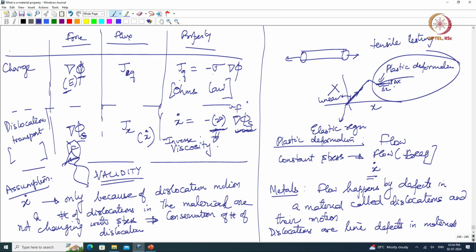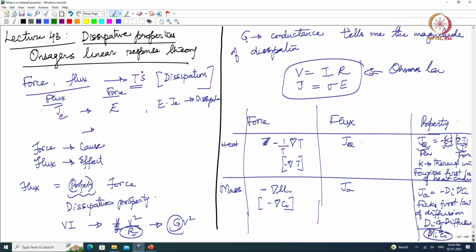So, this is electrical, let me write it in another color. Sorry, this is electrical, this is mechanical, this is mass transport, or chemical, and this is thermal.